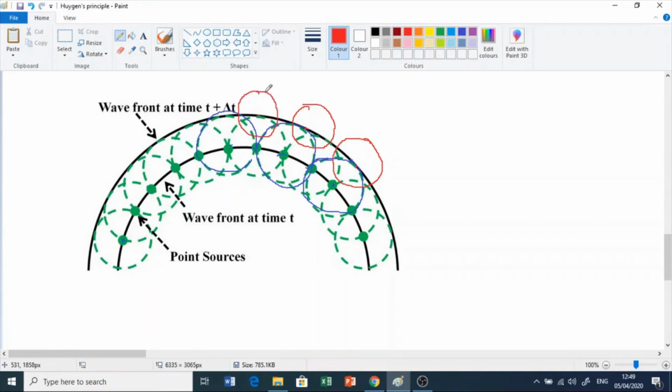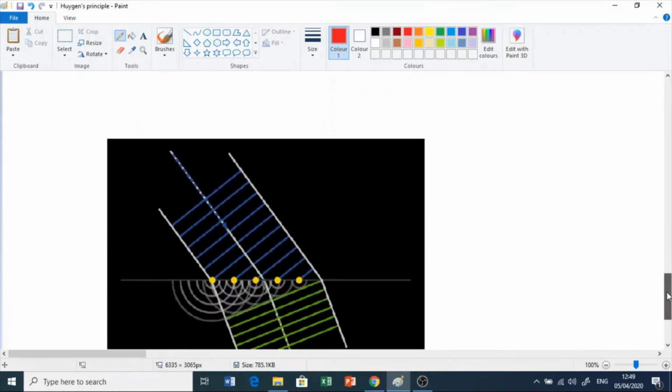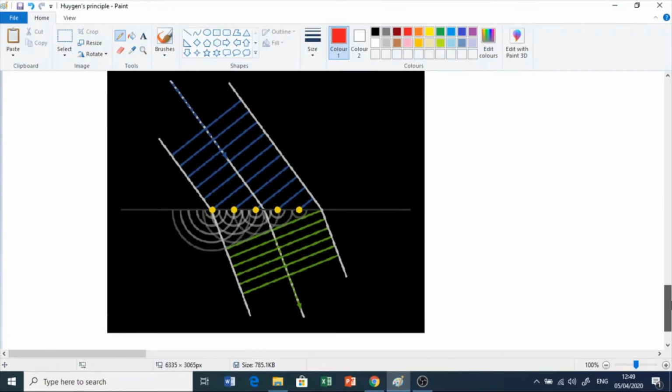New waves are going to be produced, and if you draw a tangent to all of these lines, then you are going to get your new wavefront. I hope it is clear and you have understood. So now let's go to the refraction of light explained with the Huygens principle.